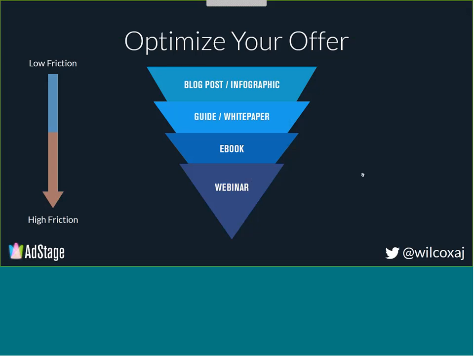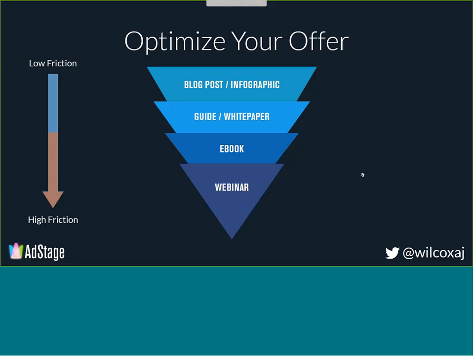And so the reason why this friction is introduced, if you're just sending someone to a blog post or an infographic, there's not a whole lot of friction. Nothing required of the user. They can click on a piece of content, read it, maybe get a paragraph into it and say, okay, that's great, but not super interested, and they can leave.